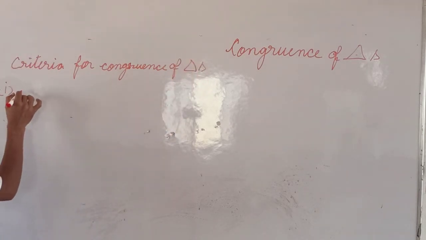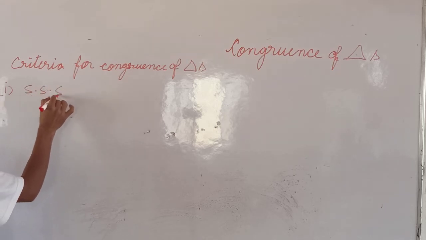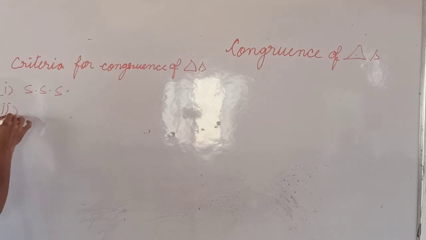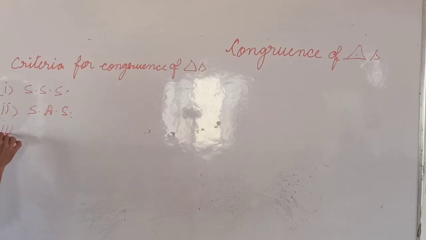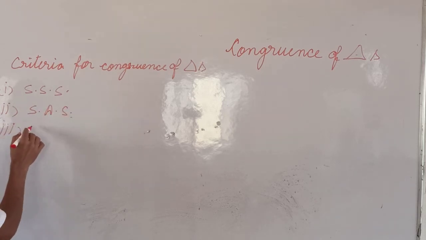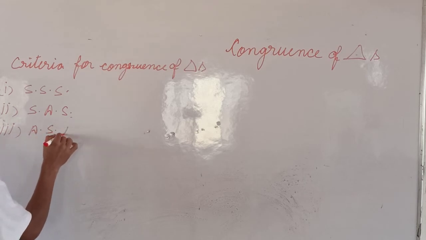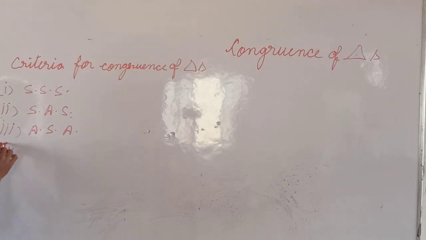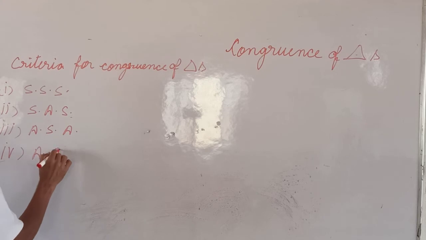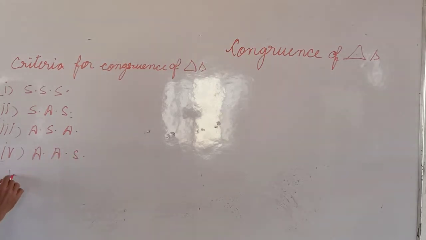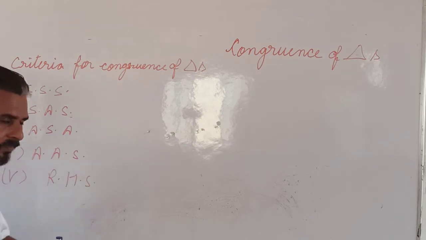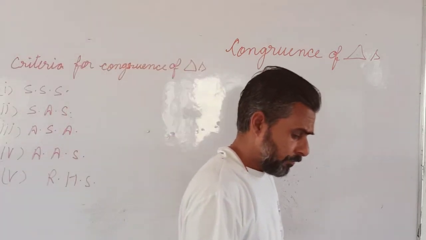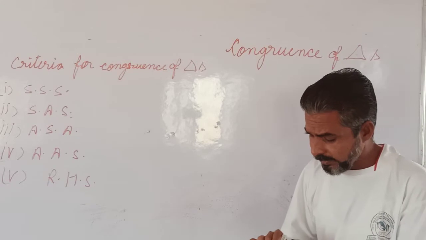First one is side, side, side. Second one is side, angle, side. Third one is angle, side, angle. Fourth one is angle, angle, side. Fifth one is RHS.